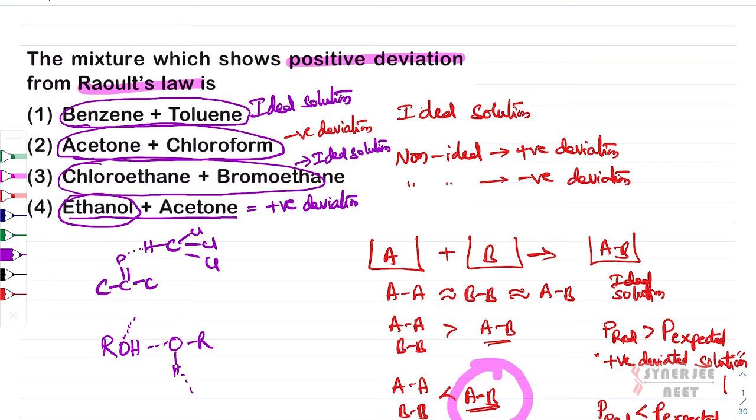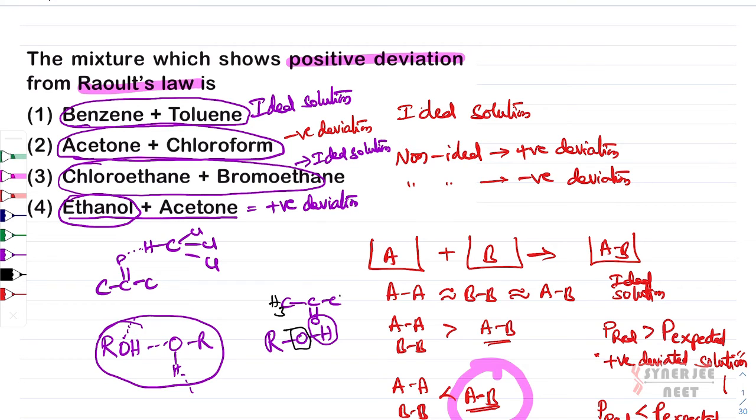Whereas when alcohol is surrounded by acetone molecules, the hydrogen of alcohol and the oxygen of acetone will form hydrogen bonding between them. But there is no hydrogen in acetone to participate in the hydrogen bonding. Although there are hydrogens present in acetone, they are insufficient to participate in hydrogen bonding because they should be connected to good electronegative atoms. So this oxygen is not participating in the hydrogen bonding.